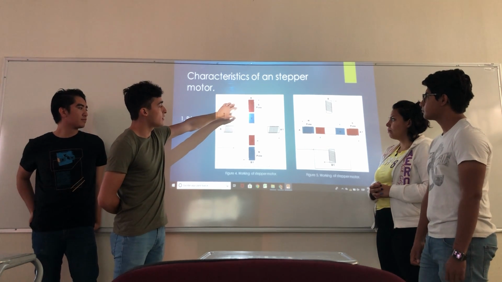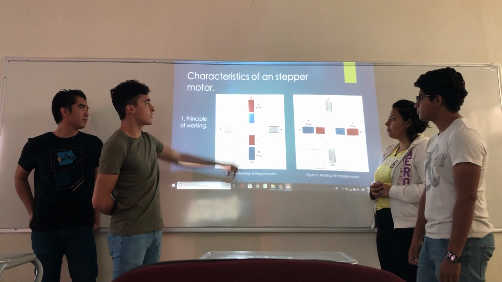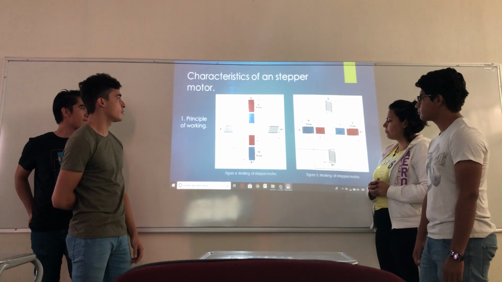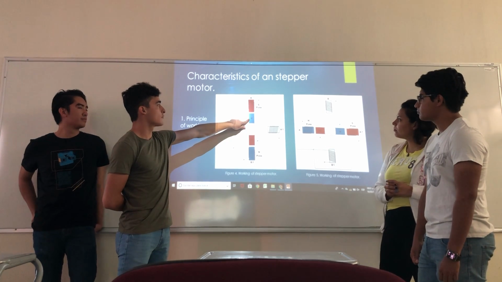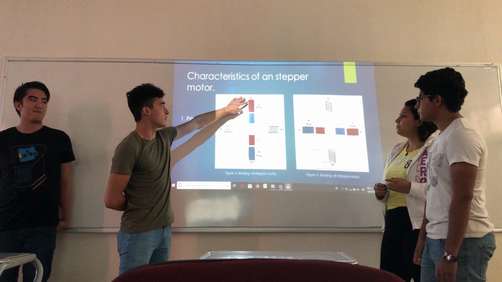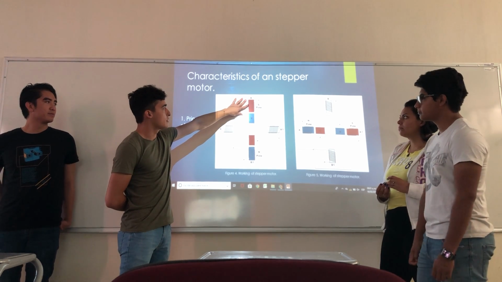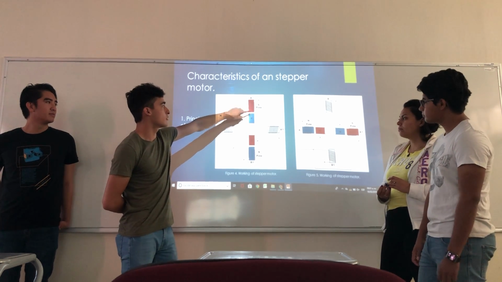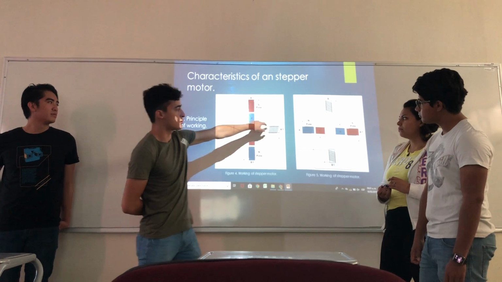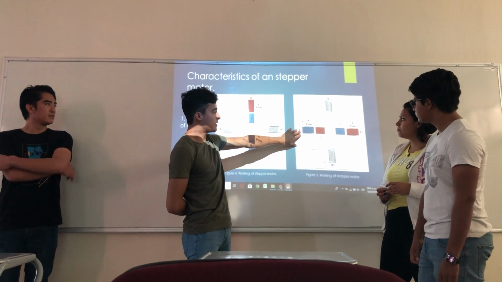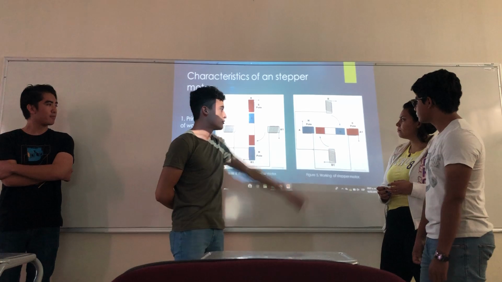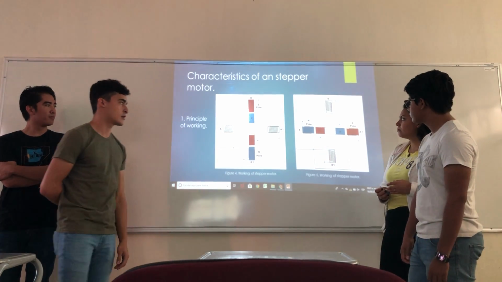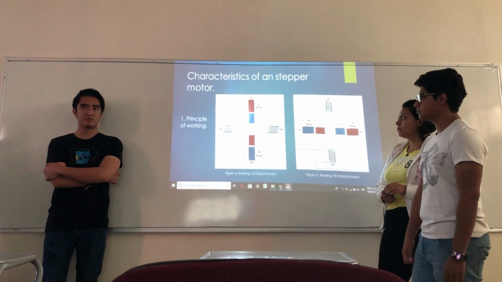When the coil is energized, the rotor is going to move, trying to find its opposite pole. So if we have the north of the rotor here and the coil has the south here, the rotor is going to move in this direction. So if we now energize coil A, the rotor is going to move trying to attract the opposite pole, because as you know, opposite poles attract.